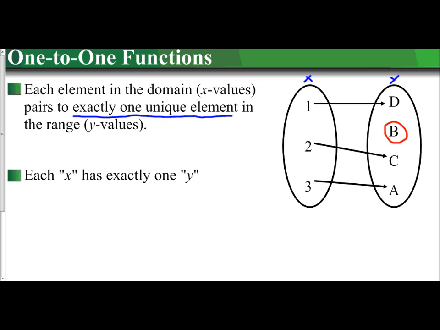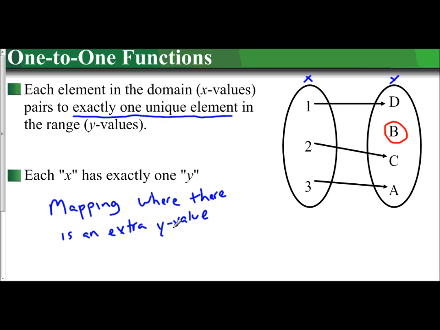For us, one-to-one functions are going to occur when we have a mapping where there is an extra y value that is not attached to an x value.